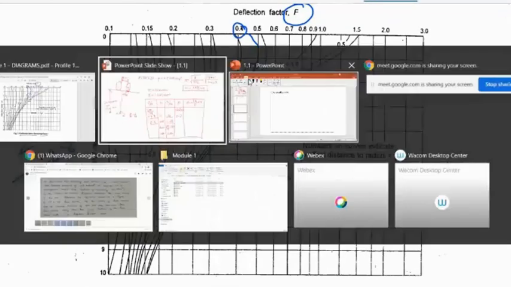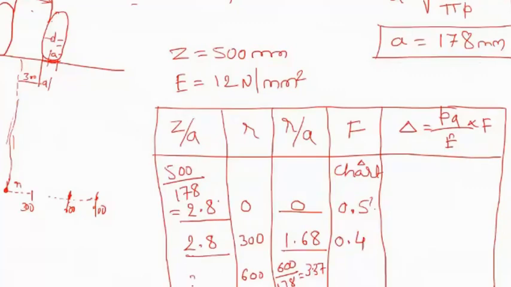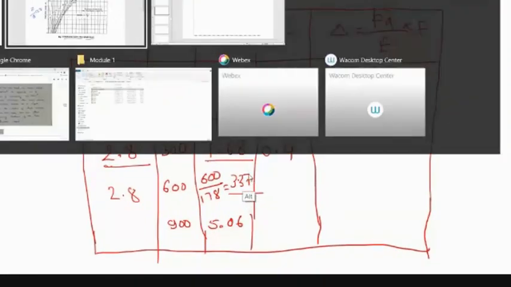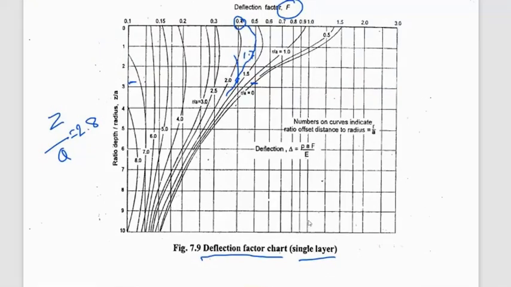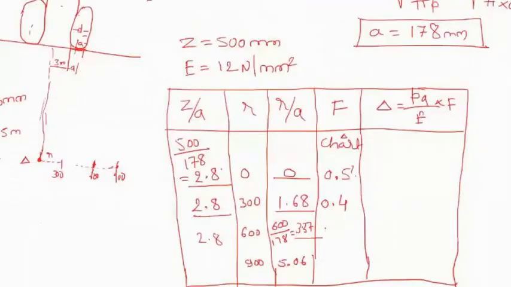Note that Z by A is equal to 2.8, which remains the same, and R by A is 3.37 or 3.4. So R by A is between 3 and 4. Somewhere here we'll assume slightly parallel. 3.4 we'll assume here, parallel to this. So here at 2.8, it is approximately half of this, that is 0.25, right?